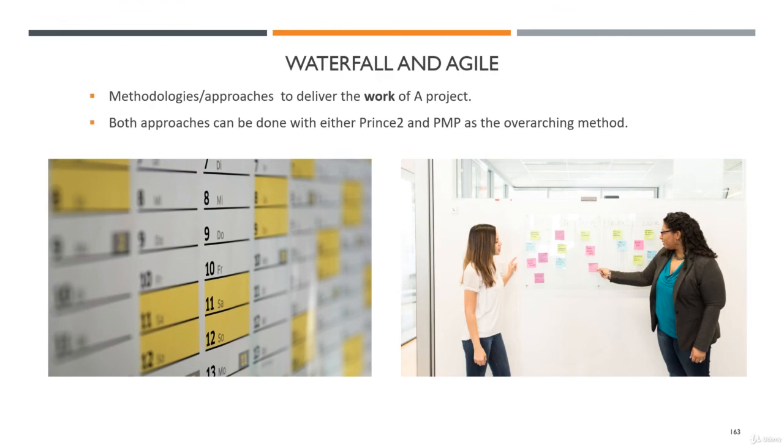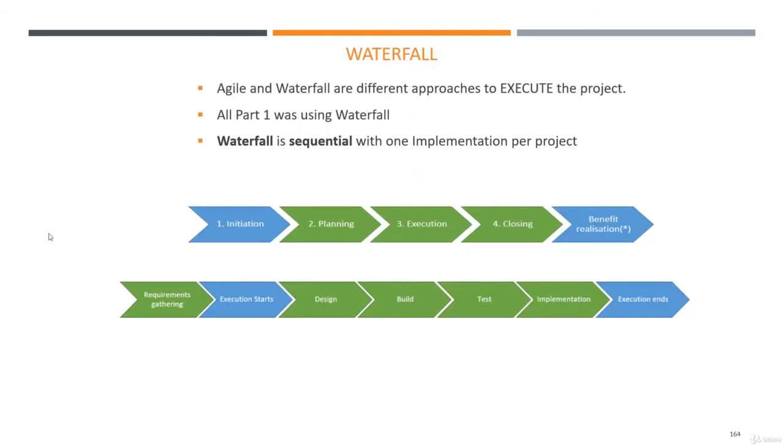Both approaches can be done with either Prince 2 or PMP as the overarching method. But when you go down to actually delivering the work, there are two ways we can do it: waterfall and agile. Let's have a look at waterfall.